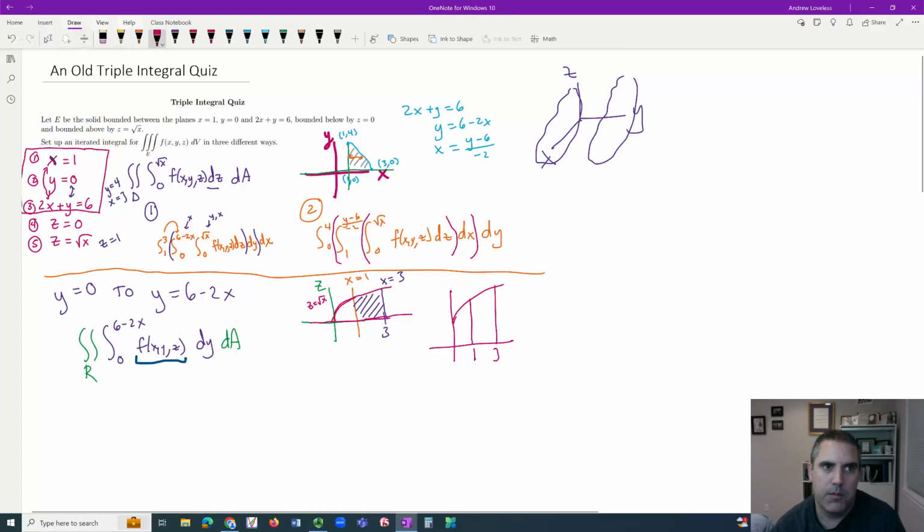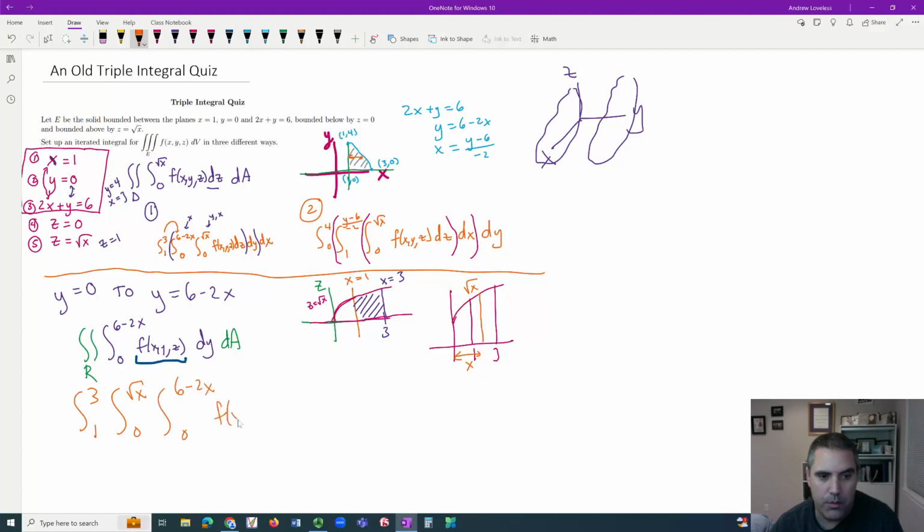Would you rather do it in terms of x, or would you rather do it in terms of z? I'd much rather do it in terms of x, because there's a clear top and bottom the whole way. So based off of x, 0 is the bottom, the top is the square root of x. So that lends itself nicely to a setup. 0 to the square root of x, 0 to 6 minus 2x.